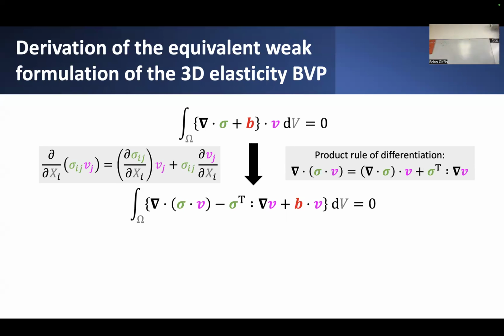Effectively, what we have is the divergence of the product of two things should be equal to the divergence first of the stress tensor, then dotted with this virtual displacement field, plus the stress tensor inner product with the gradient of this virtual displacement field, which in some sense is equivalent to the product rule of differentiation, or rather its equivalent now extended into this multidimensional vector calculus format.